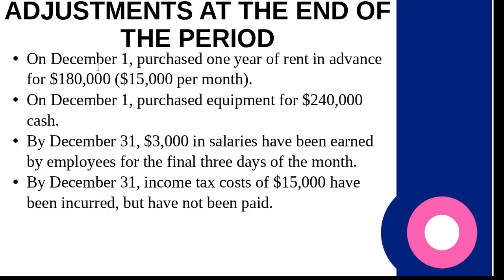Take for instance, on December 1st, somebody paid one year of rent in advance, and per month is 15,000 per month. For one year, times 12, that will amount to $180,000. Okay, we are dealing with dollars. $180,000 for a whole year.